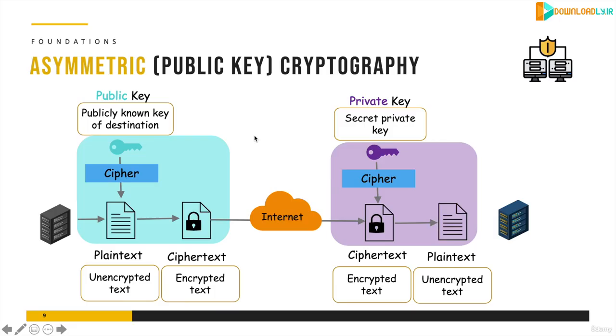So that ensures confidentiality. But if the flow is the other way around, if the destination is encrypting a document using the private key, then he's telling people that I have signed this document, because everybody can decrypt this document using the public key. This is public knowledge, right? So in this case, we're not talking about confidentiality or secrecy.